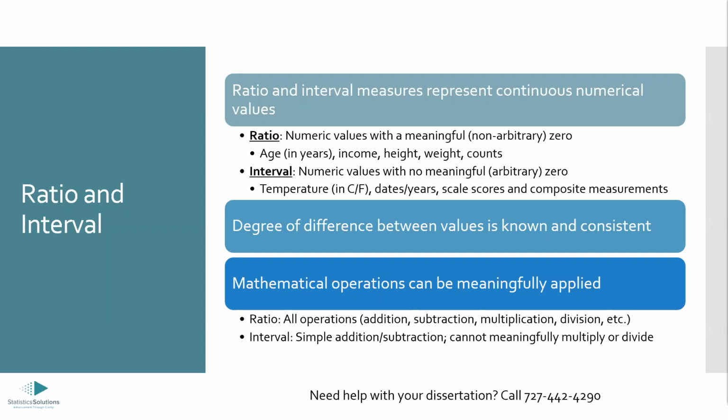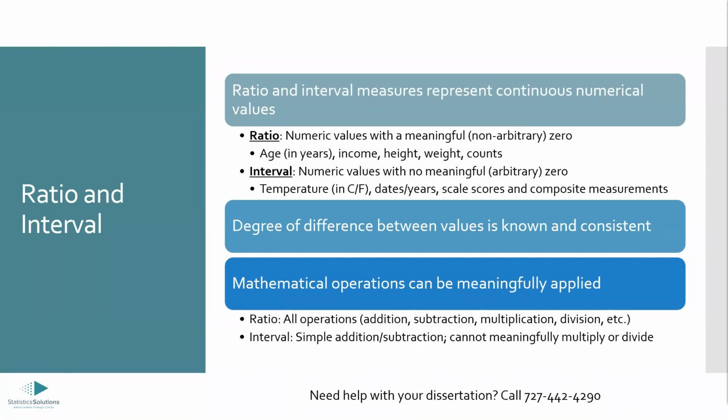Their income is 0. And the same thing with something like a count. If you look at something like a count of the number of times per day that someone checks social media, if they report 0 times per day, it means that there's the complete absence of that behavior.